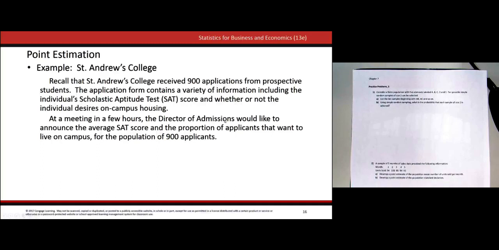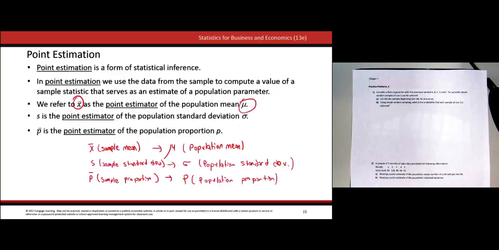That's why we also have interval estimates. But in order to develop an interval estimate, we need to know the sampling distribution. For example, if you need to develop an interval estimate for population mean, then you need to develop a sampling distribution of X bar. Same thing for sigma and p.